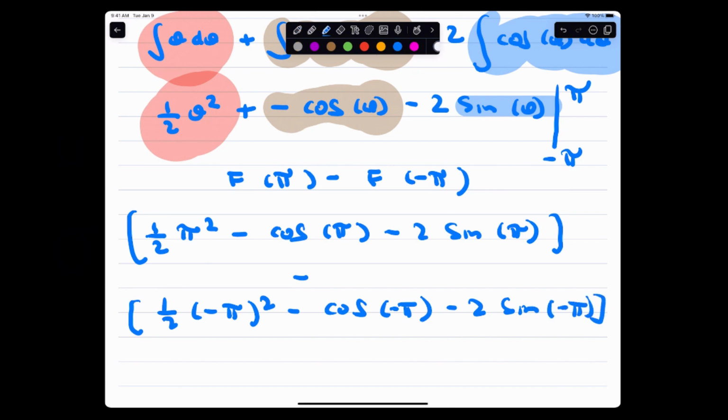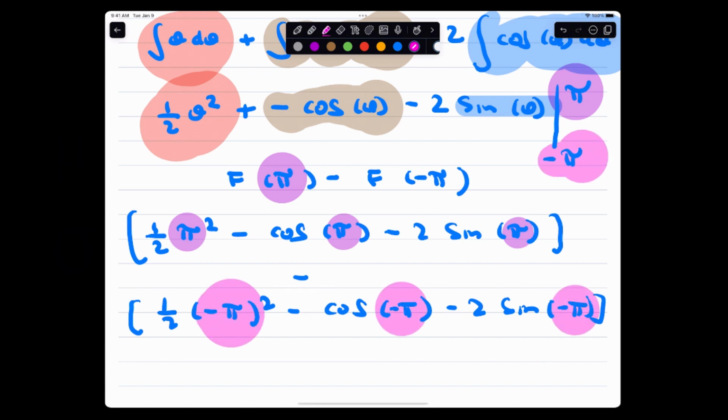I'll get out the colors if it makes it easier to see everything. I just have to remember what my cosine of these values are. What's cosine minus pi again? Is that -1? What's sine of pi?